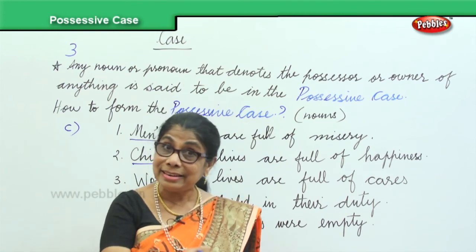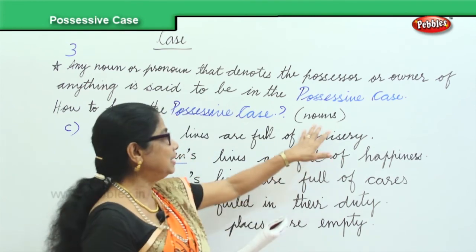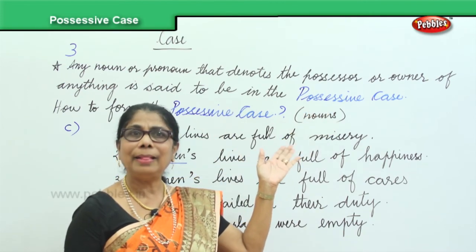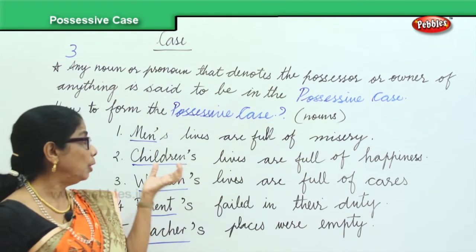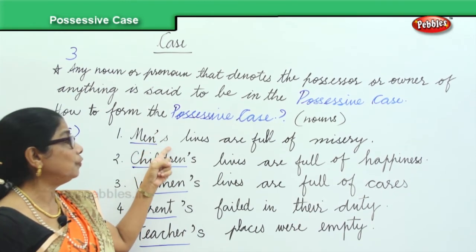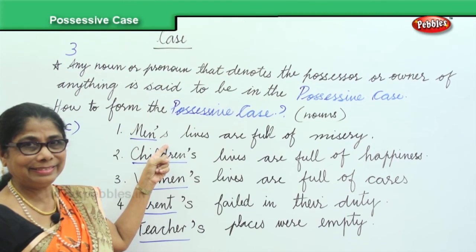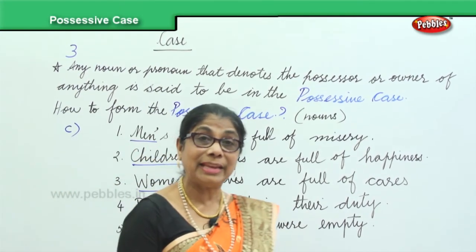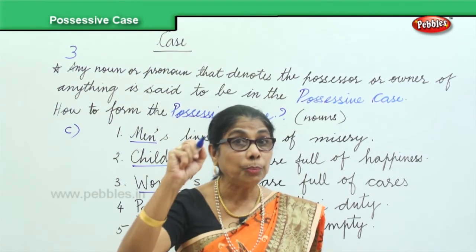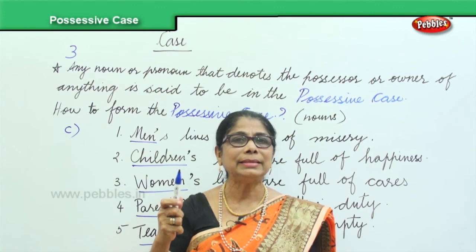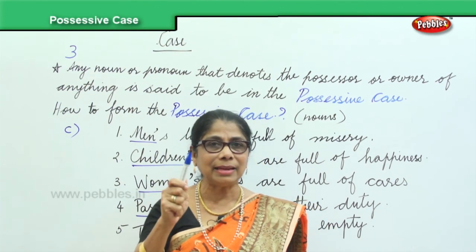So in the third possessive case, when it is plural, then you have the plural word followed by the apostrophe and the S. So there are three ways of forming possessive case. Remember to put the correct apostrophe. Peter's, this is Peter's pen, singular.